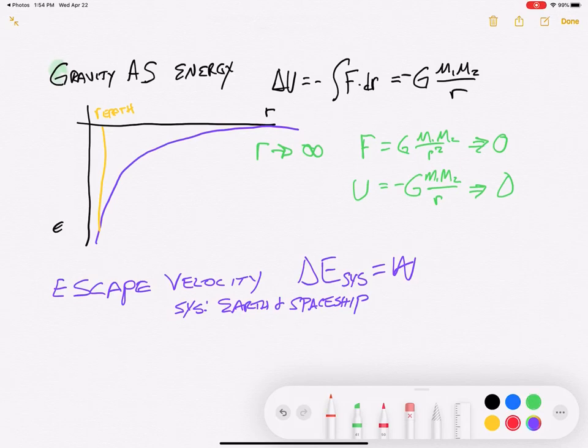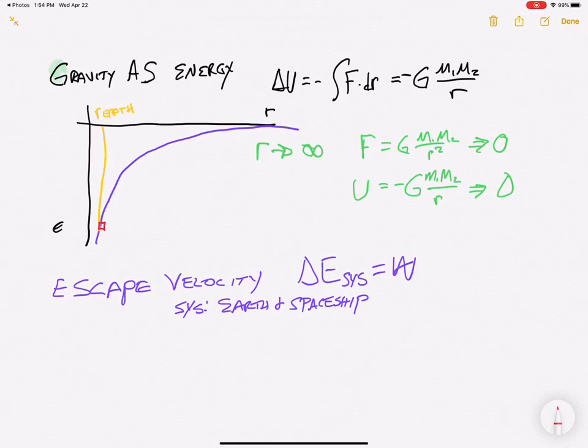Our spaceship's going to start on the Earth and then move against this potential until it has escaped. So this is our initial place, and up here is our final.